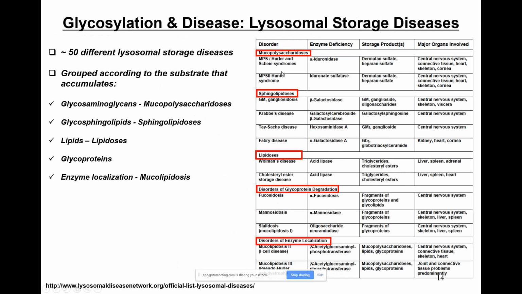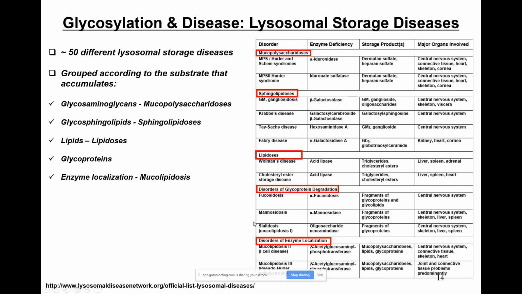Some examples are Hunter and Hurler. If a patient cannot degrade glycosphingolipids, they're classified as sphingolipidoses, and we'll go through the example of Fabry disease. If you cannot degrade lipids, they're termed lipidoses. If you cannot degrade glycoproteins, so the N-linked glycans, for example, they have a different terminology, glycoproteinoses.